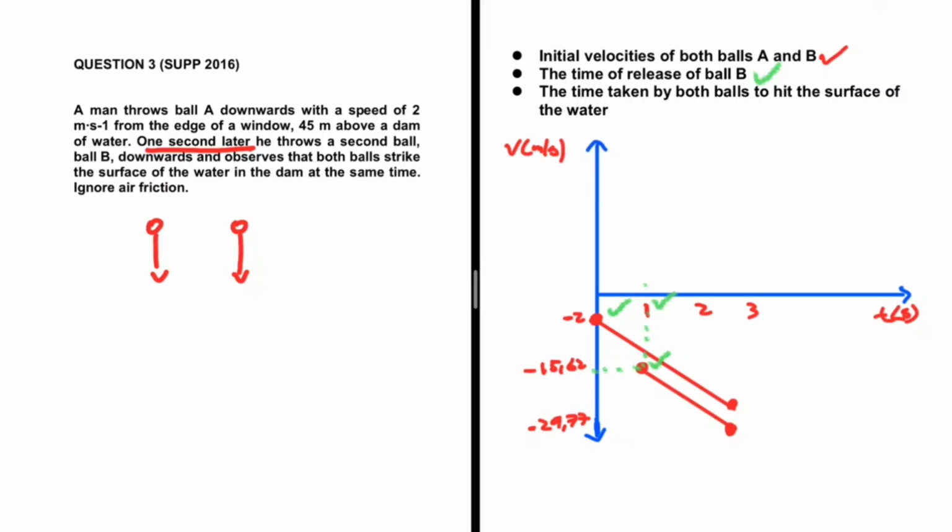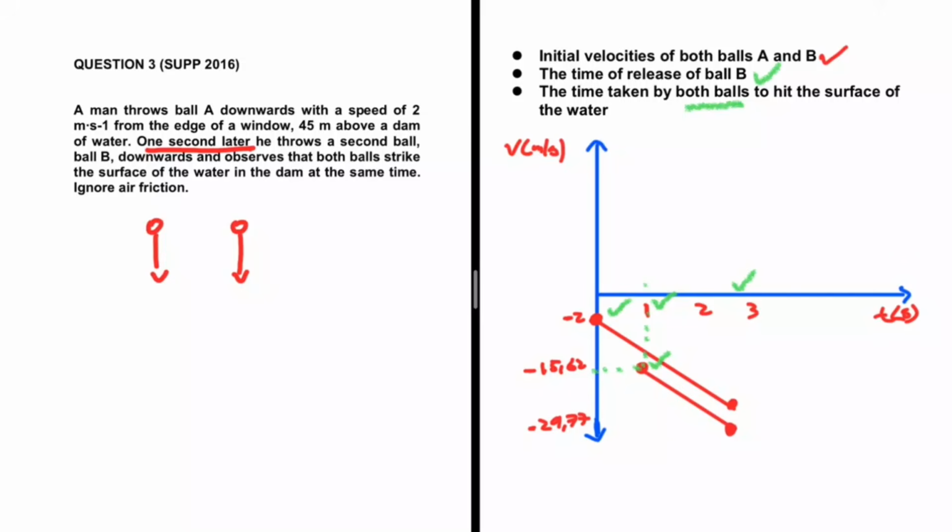The time taken by both balls to hit the surface of the water, t equals 2.83, somewhere here. We've indicated that. So there we go. We have all that we need. The marker location is 5 marks. As you can see, we have 1, 2, 3, 4 ticks. The fifth tick is probably coming from ensuring that these two lines are actually parallel to each other.